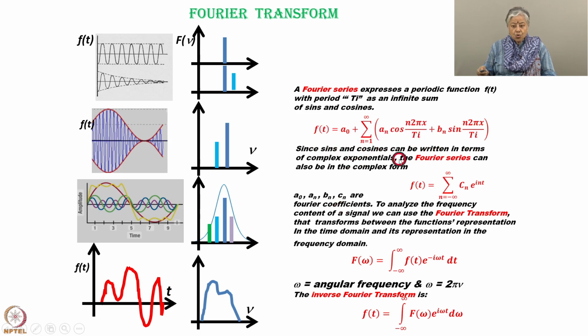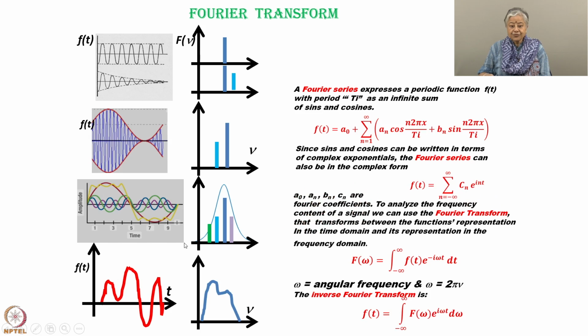Now, to make it a little more compact, since sines and cosines can be written in terms of complex exponentials, the Fourier series can also be written in the complex form. So, here you have the complex form f(t), written in terms of c_n e to the power i omega t. a0, a_n, b_n, c_n are all Fourier coefficients.